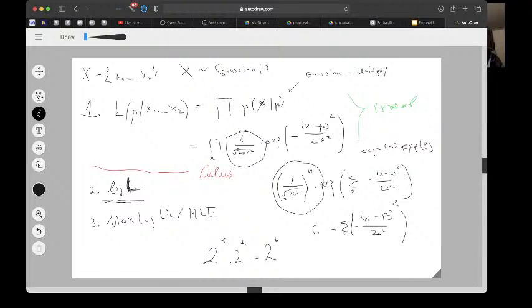And at the end, when you use the derivative, you get something like this, sum x.